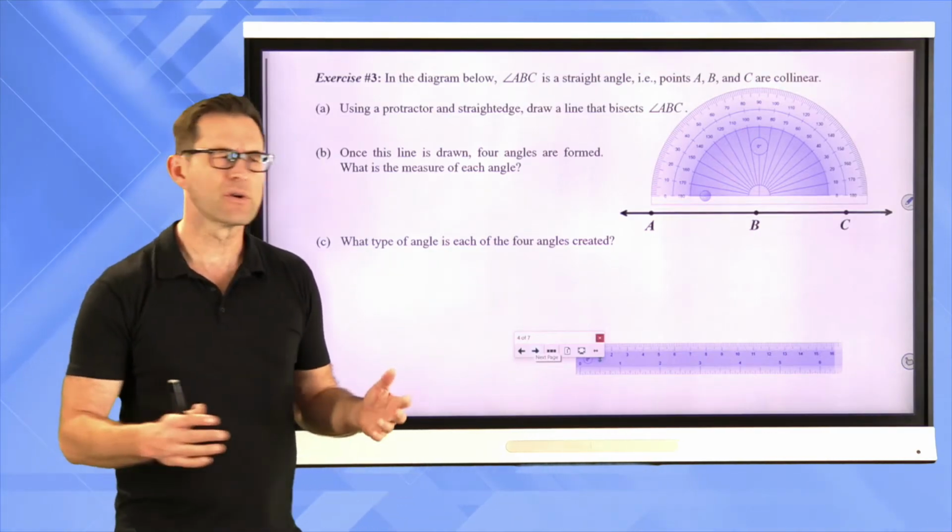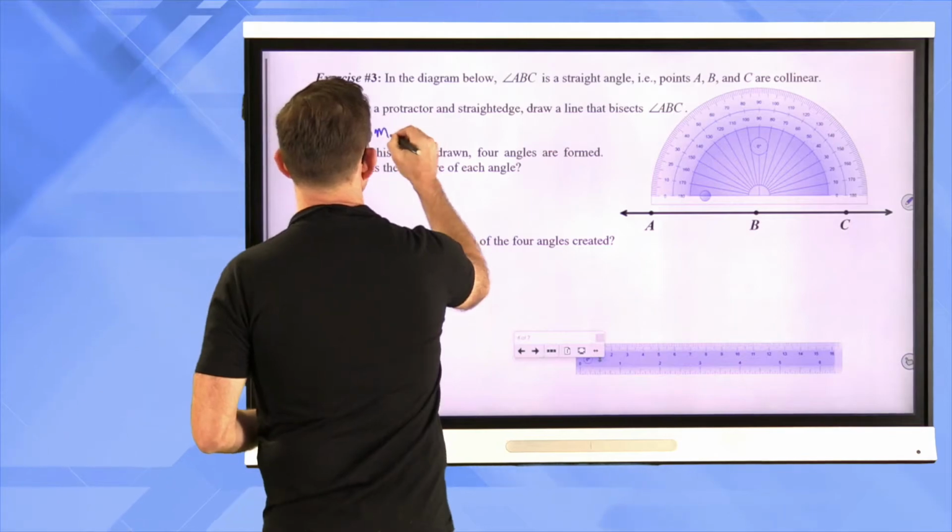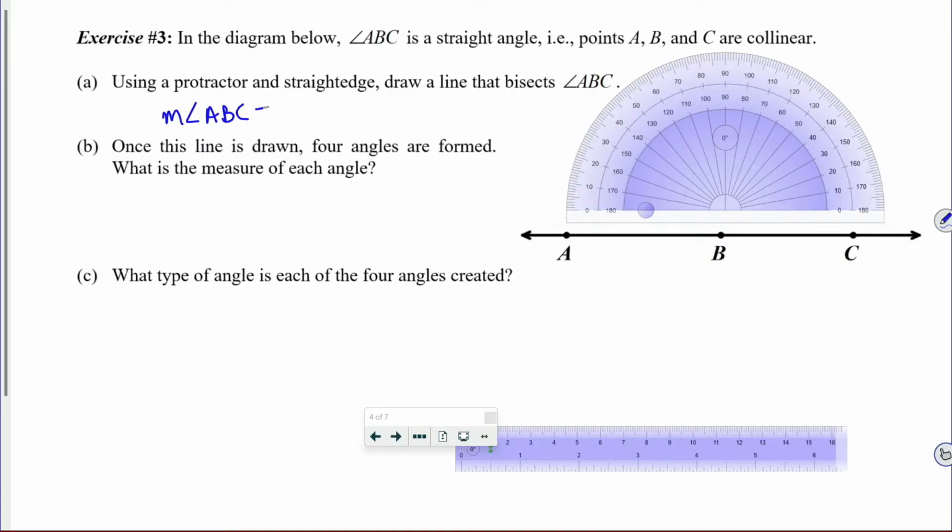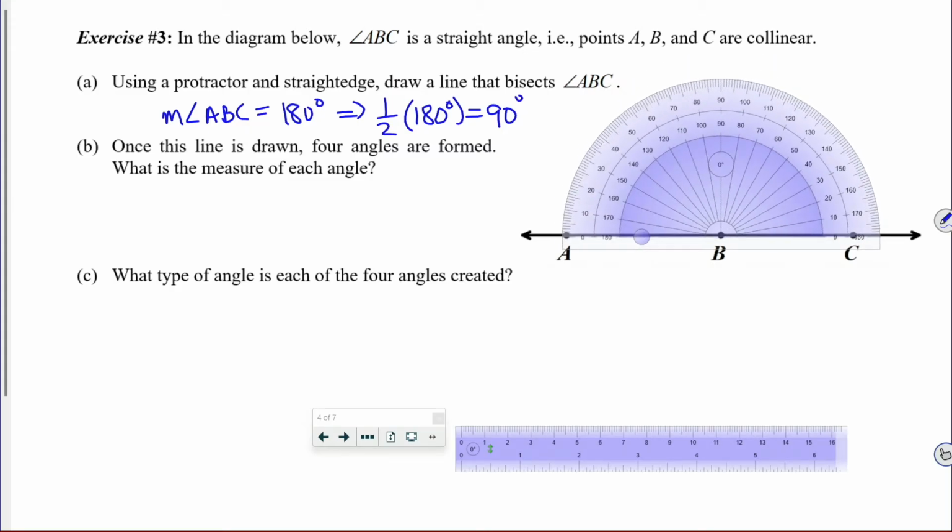Well, the measure of angle ABC is 180 degrees, right? And bisectors cut an angle in half, right? 1/2 of 180 degrees is 90 degrees. So I have to draw a line that cuts that 180 degree angle into two 90 degree angles.